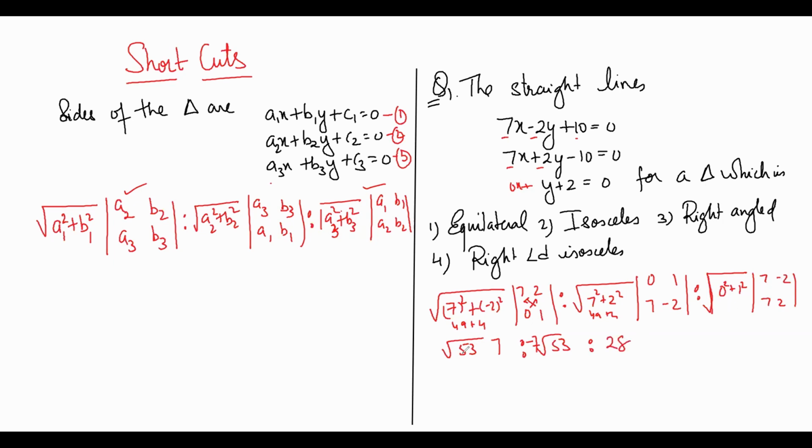Now you can conclude from here, this is 7 root 53 is to minus 7 root 53, or you can directly write plus 7 root 53 is to 28, and when I take LCM, further I can write this as root 53 is to root 53 is to 4. So this is an isosceles triangle.